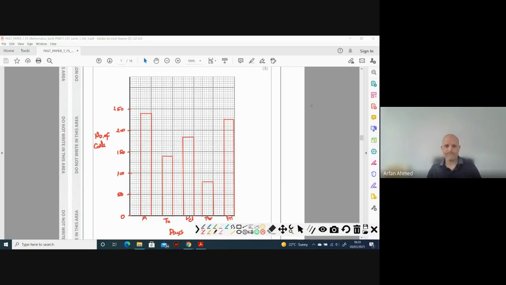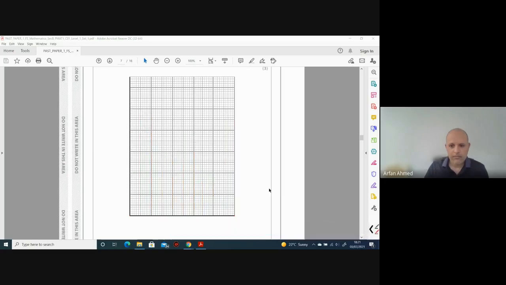There you go. That's what it should look like. And yeah, try to be as accurate as possible. Definitely use a pencil and a ruler for this. 3 marks. Even if you're slightly off, you could get marked down for that. Just be really careful with these. Let's move on.